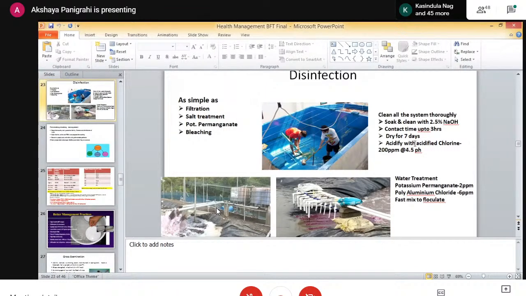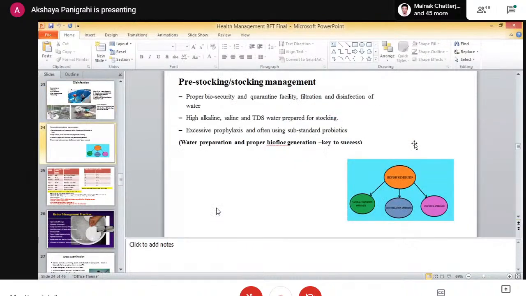And potassium permanganate is known to be very good as a treatment for this. So in the many areas affected by bacteria or virus or microsporidium, accordingly you have to decide your disinfection protocol.